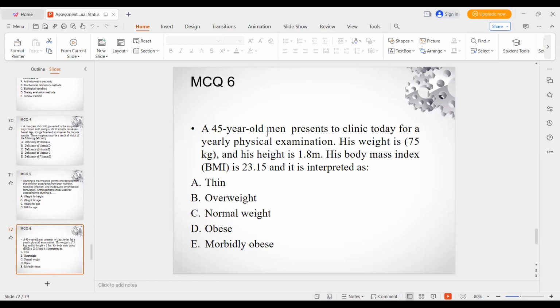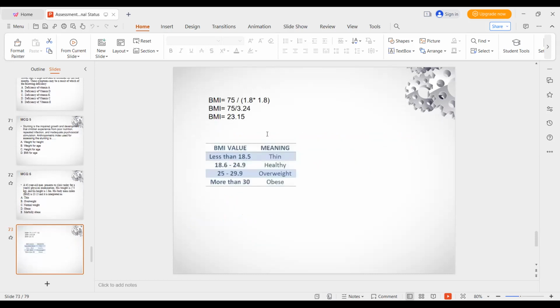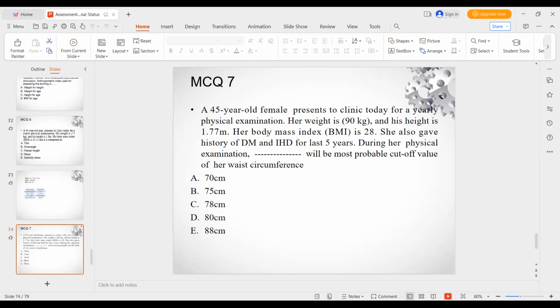It's C, normal weight. This is calculation of BMI.